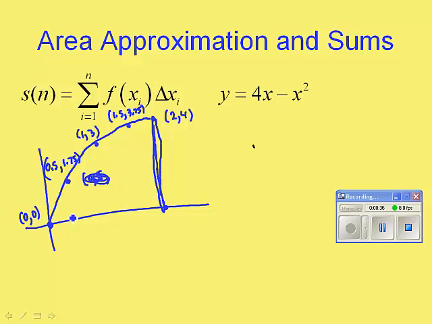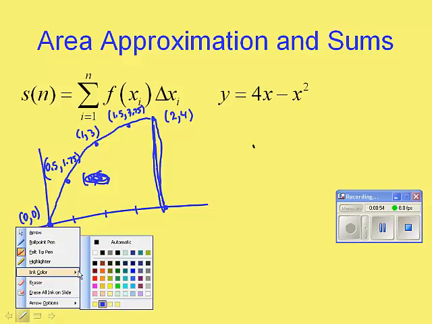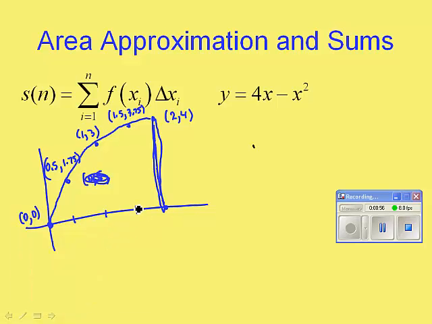Okay. And we divide it into rectangles again. But what we do now is we use the left endpoint of each of these intervals. Now let's see how that works. Okay, so, get my black ink out again. What I'm going to do is draw a rectangle that is an underestimate of the area of the curve.